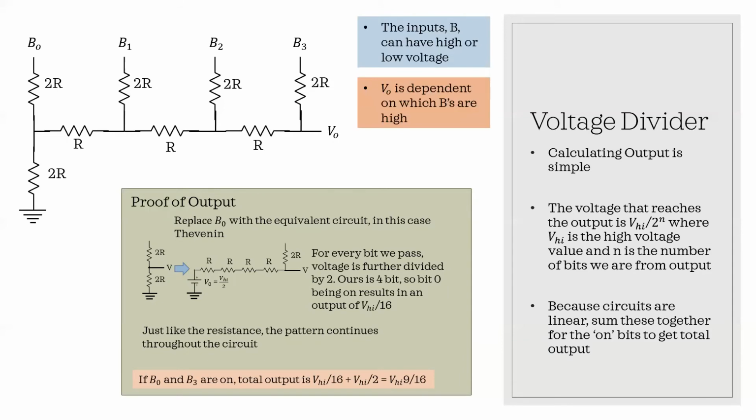If we take each B as a bit being on or off, the total output voltage provided by that bit is determined by how far away it is from the output voltage in powers of 2 to the n, where n is the number of bits it is from the output.